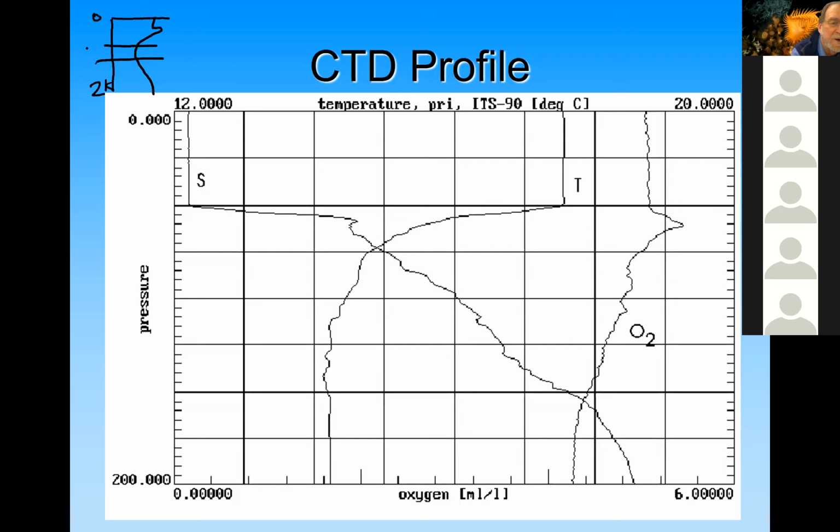It's usually about 1,000 meters deep. That oxygen minimum zone is the region of the water column where the organic material produced by photosynthesis in the surface is being consumed and decomposed with the reduction in oxygen.